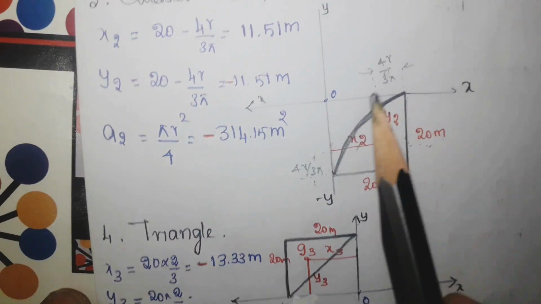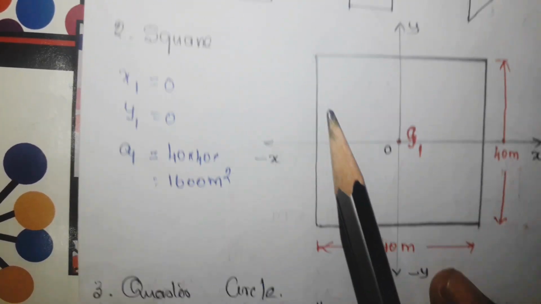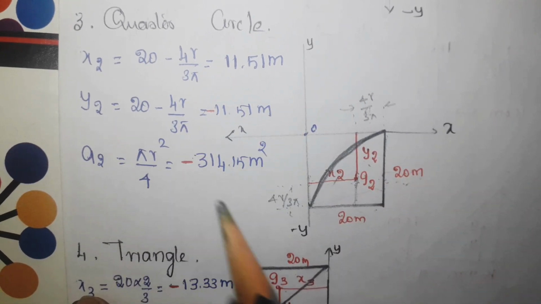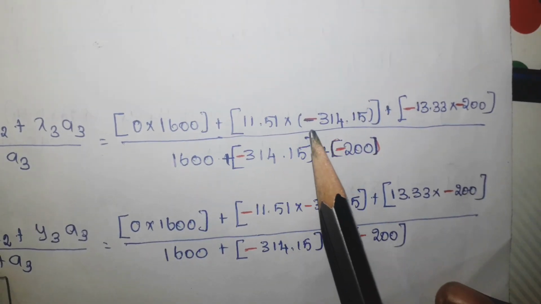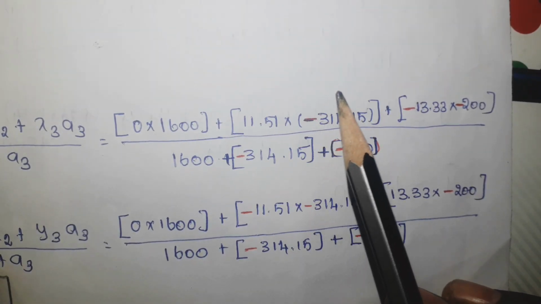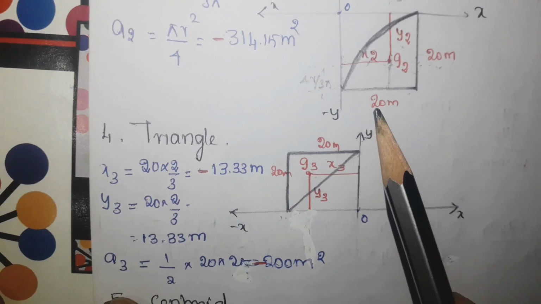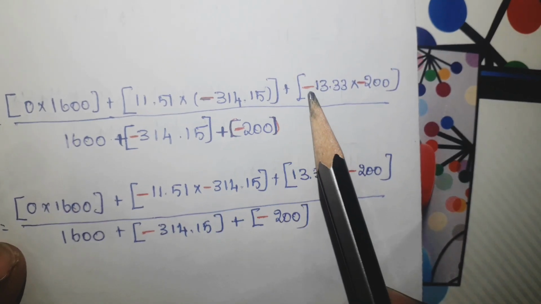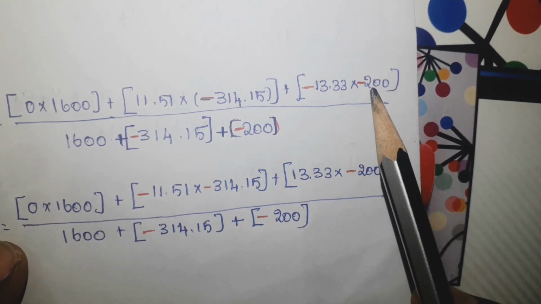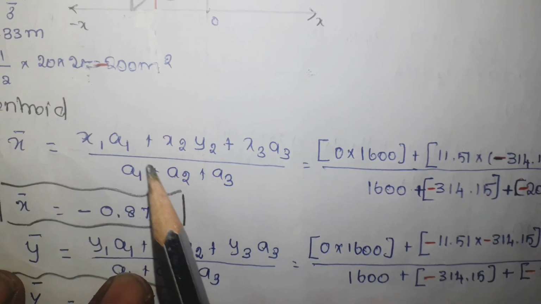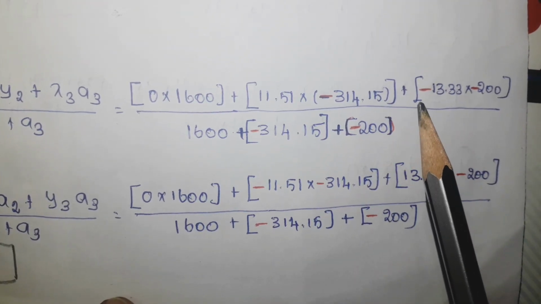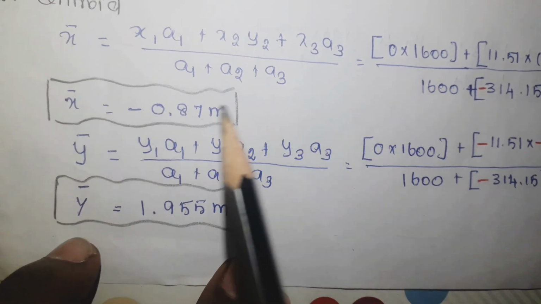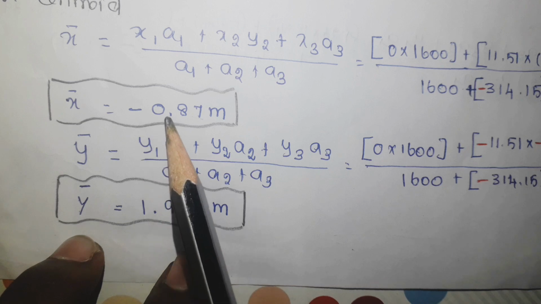For example, here y2 and A2 are minus, so when you substitute in the place of A2, substitute it as minus. Similarly, x3 is minus and A3 is minus, so substitute accordingly. Don't touch the equation, just substitute the values as they are in the previous steps. When you calculate, you get the answer for x bar as minus 0.87 meter.